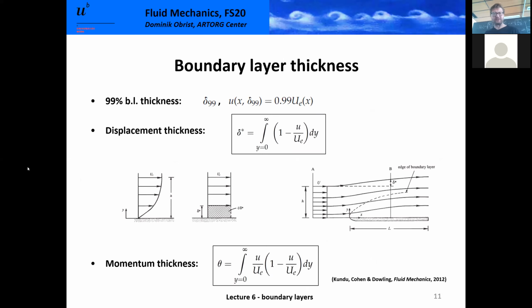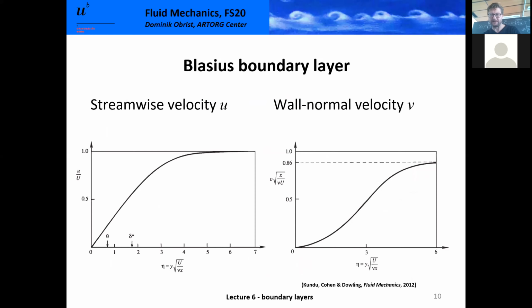And there's a whole zoo of different boundary layer thickness measures. Maybe the first one, the most obvious one, is the 99% boundary layer thickness. This is defined as the distance from the wall where the streamwise velocity reaches 99% of the free stream velocity. If I go back one slide, this would be probably somewhere around here, where we have reached 99% of the edge velocity.